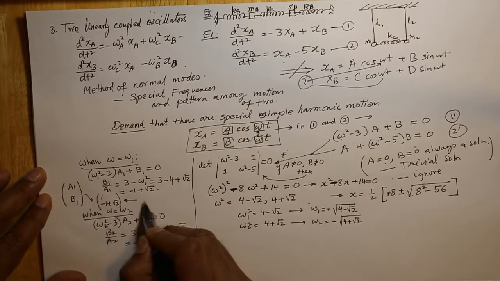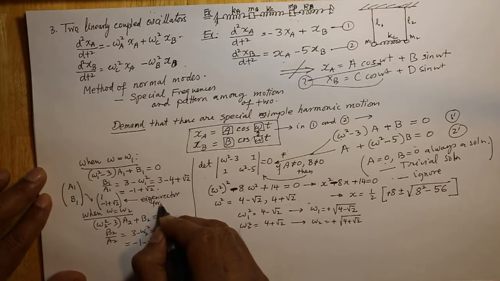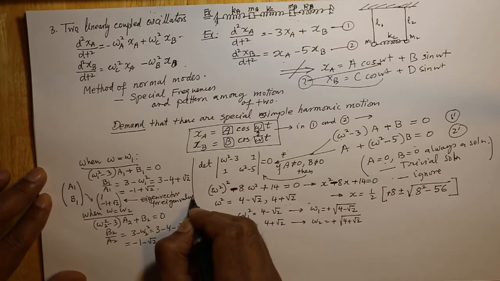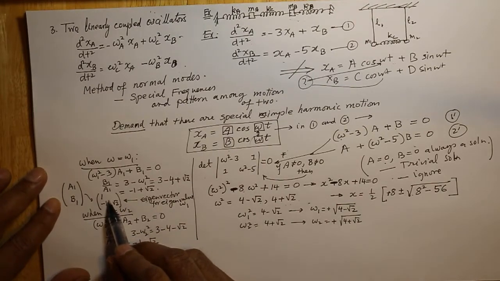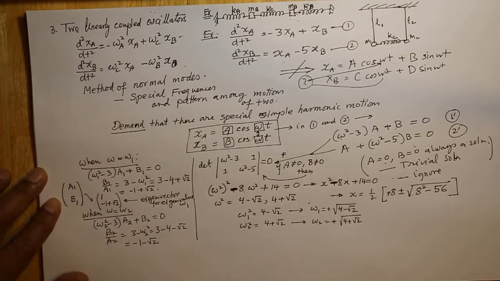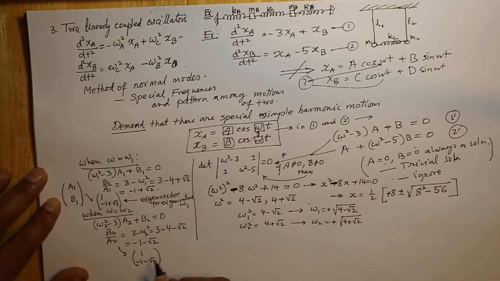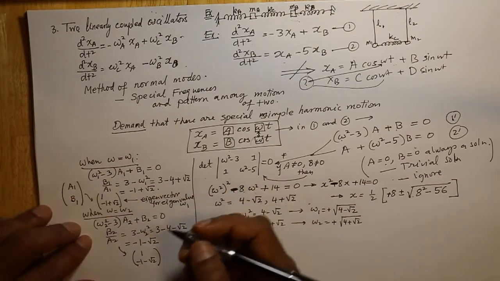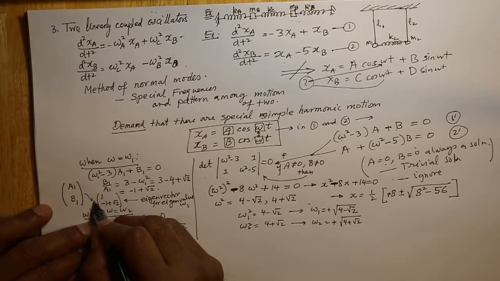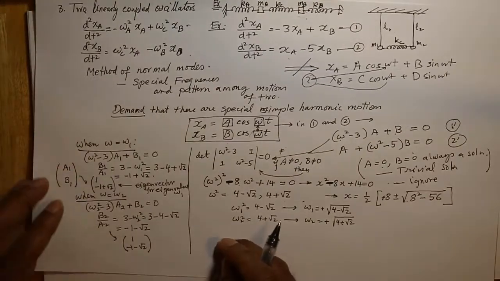Writing it this way is called the eigenvector for eigenvalue omega 1, our mode for frequency omega 1. Similarly, if A2 is 1, B2 has to be minus 1 minus square root 2. I can pick any values, so this whole thing is off by some constant. If I put some C here, this will be this times C. I'm not going to worry about that.